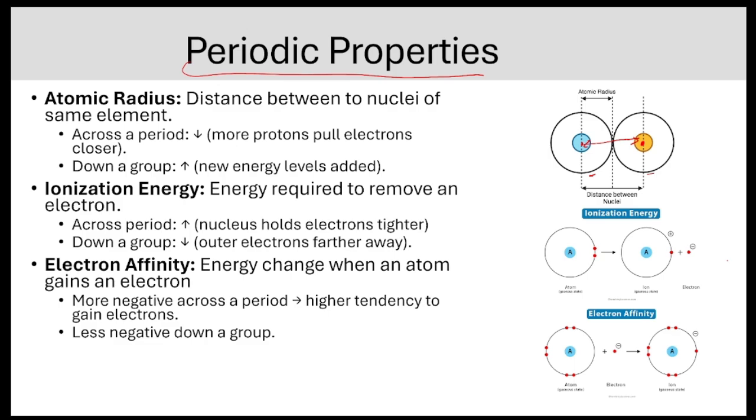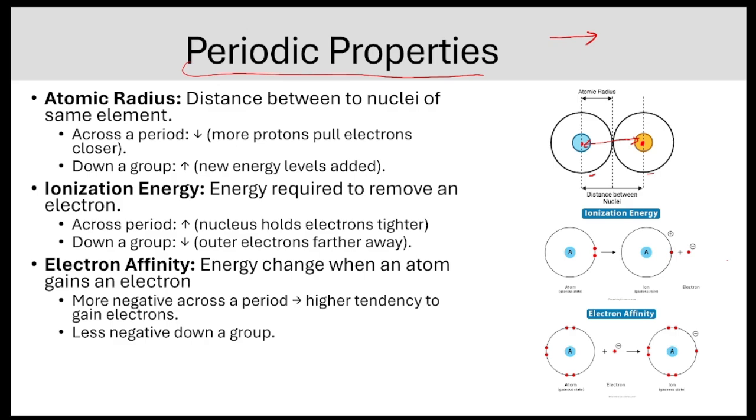And the trend of atomic radius is driven by two factors. Across a period in the periodic table, the radius decreases. Meaning, if we go from left to right in the periodic table, the atomic radius decreases.